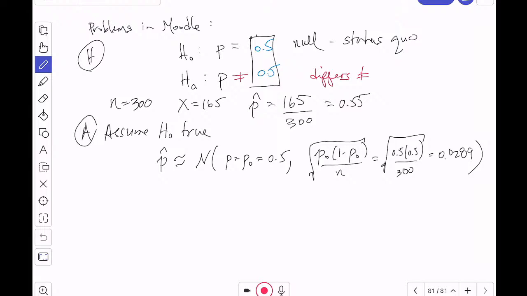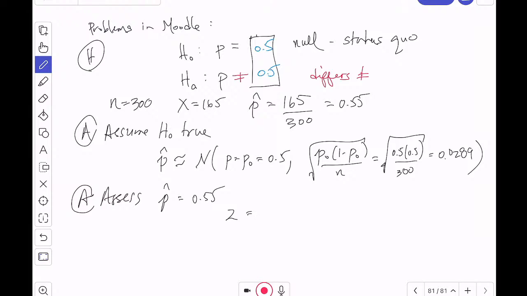So you assume H naught is true, and that's the result of the assumption. Now you have a distribution, even though you don't know anything about P, you have a sample result and you have the theory to count on. So now we assess the evidence, right? We assess the P hat from the sample of 0.55.